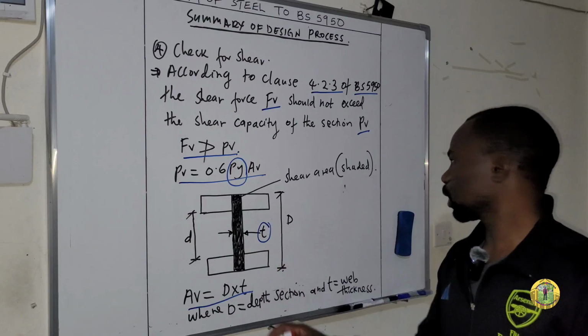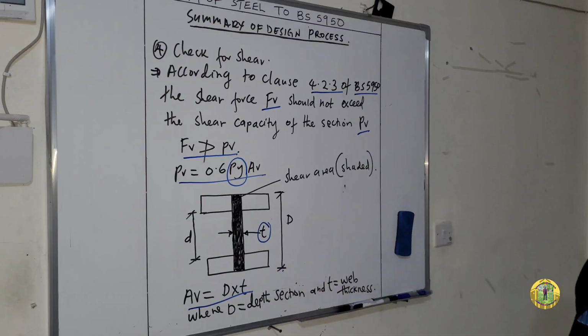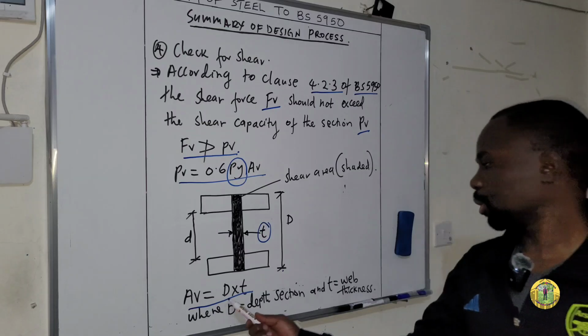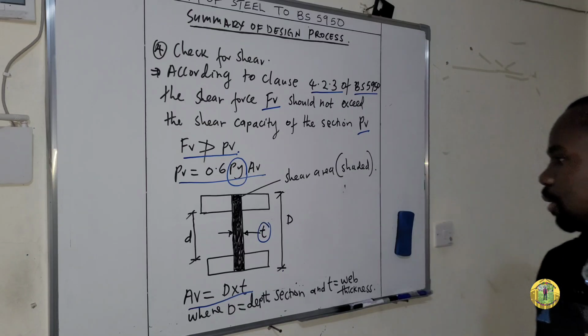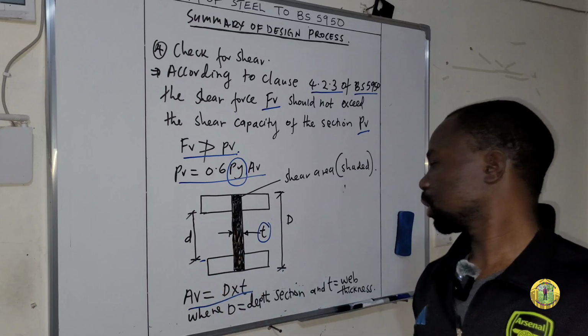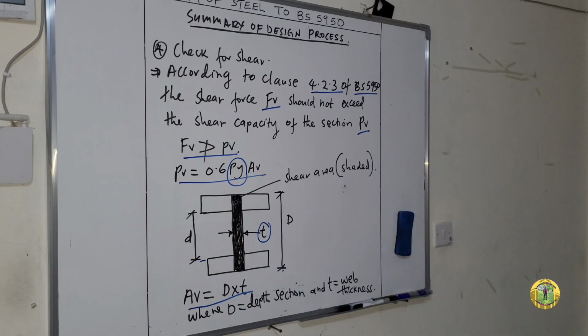The shaded area is the shear area, given by D times T. And this distance from here to here is the small d.